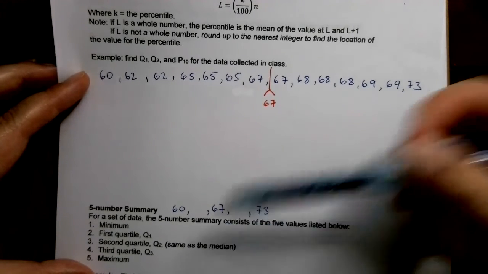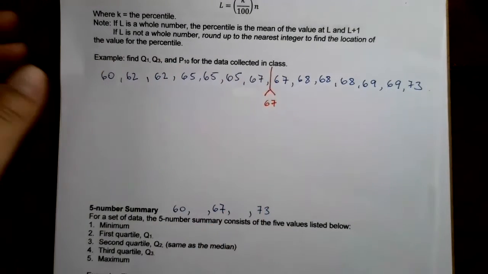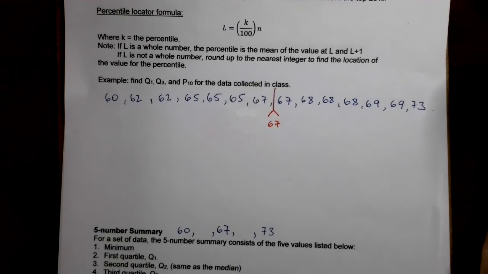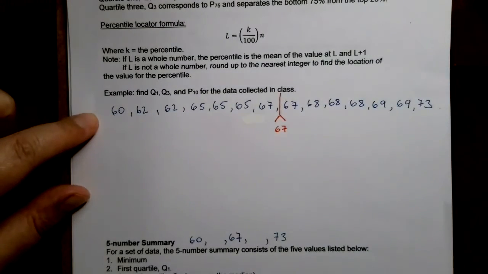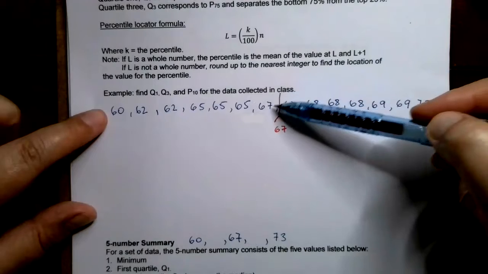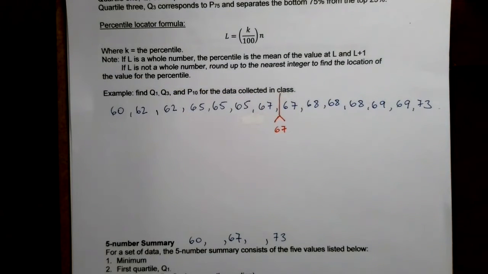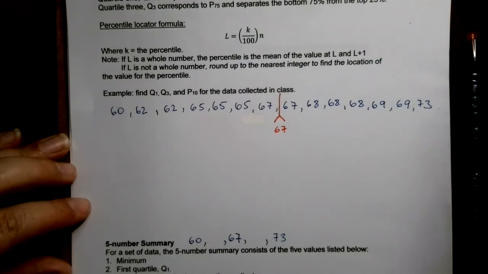Then quartile 3 will divide the upper half into equal parts. The process of finding those values is the same as the process of finding the median. Just instead of looking at the whole data set, we look at the first half separately and the last half separately. So let's do this, and I'm going to use my location formula.